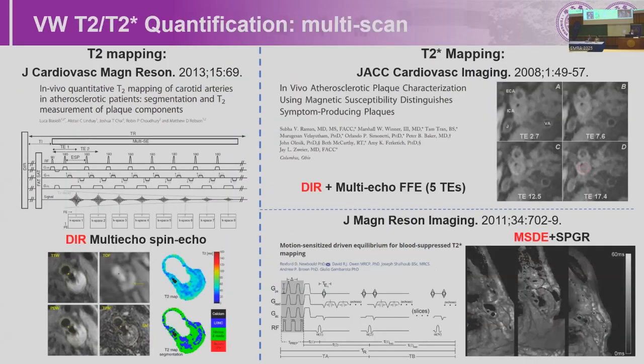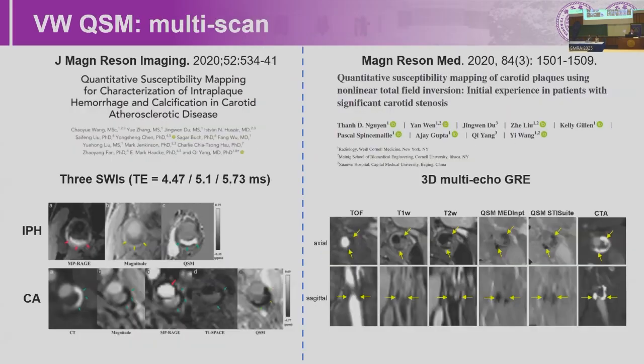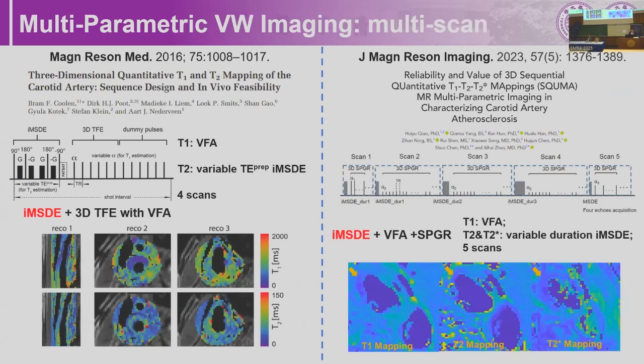Similarly, if you do T2 or T2 star quantification, you still need to acquire several TEs, plus a certain kind of blood suppression technique, for example the DIR technique or the MSDE technique. And for QSM, it is quite similar. I will go through this quickly because of the time.